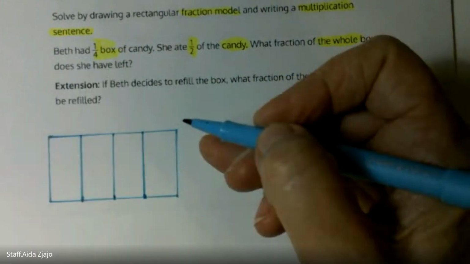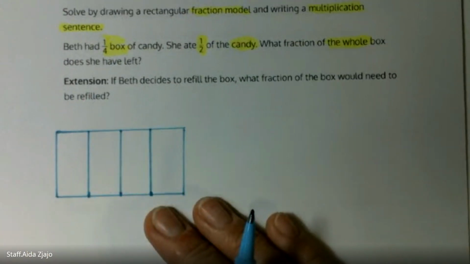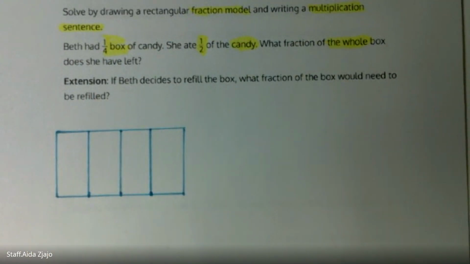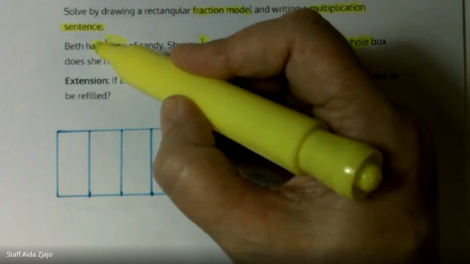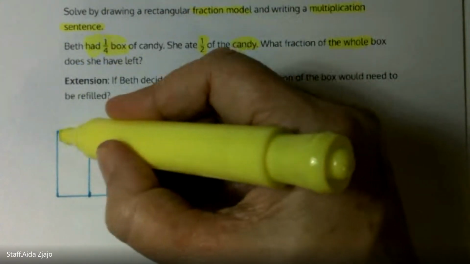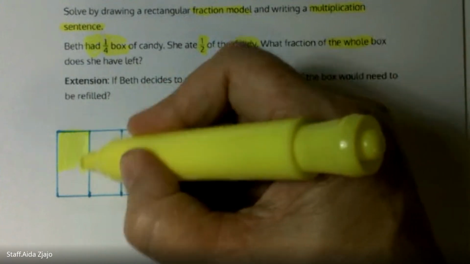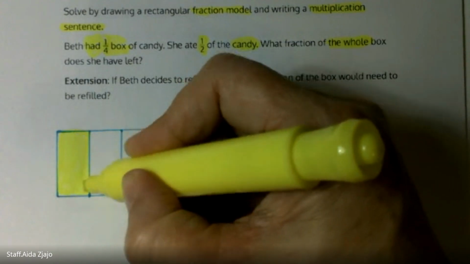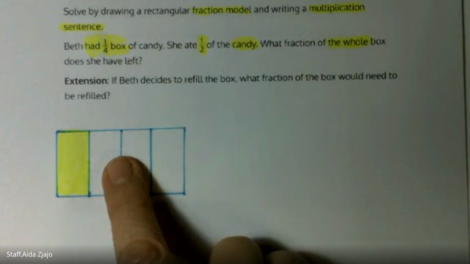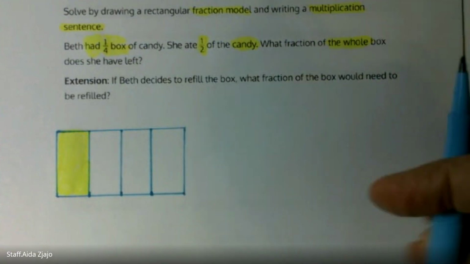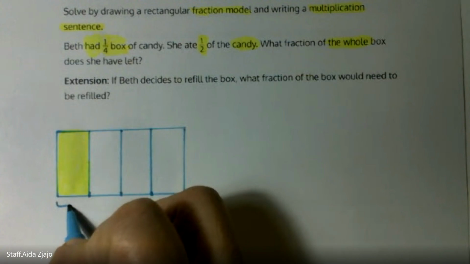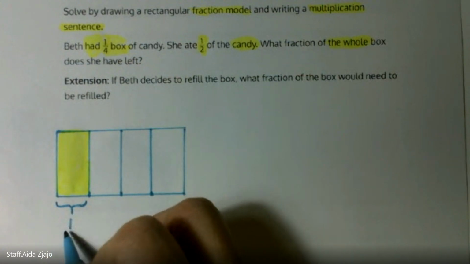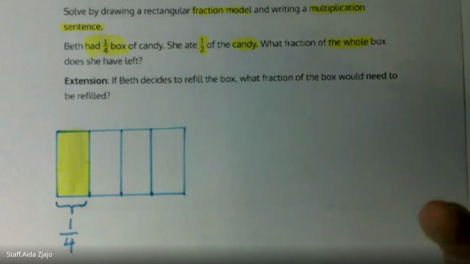So now this is the box of chocolate that used to be, but the story says that she had only 1/4. She has 1 out of 4 pieces. She ate this much of the box. So this is what is left over, it's 1/4.